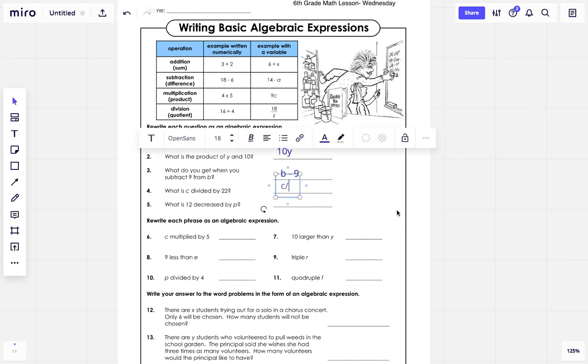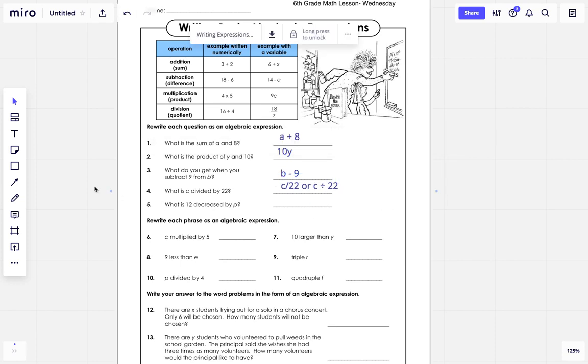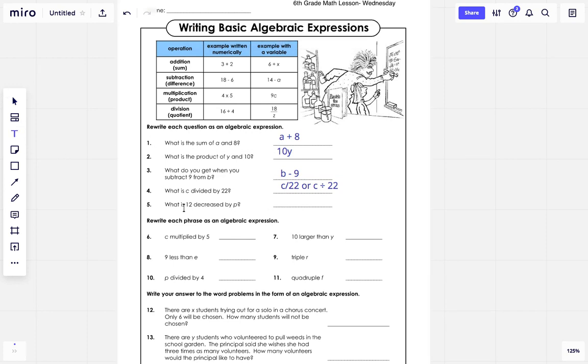We could have c over 22 and make it a fraction, or we can say c divided by 22. What is 12 decreased by p? So that tells us we start with 12 and we decrease, or subtract, p.